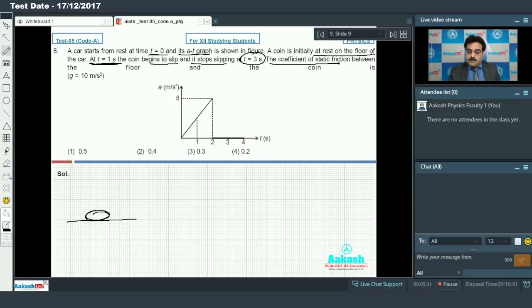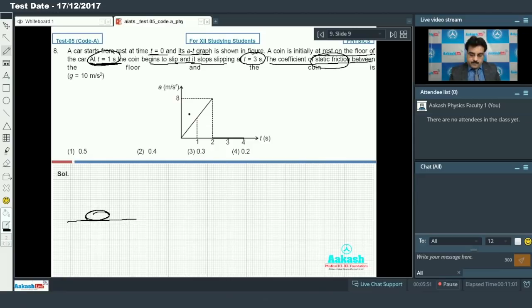The coefficient of static friction between. So I would like to explain something. When coin will start to slip, then the type of friction is kinetic friction, but we need static friction. So we will concentrate on this time t equals 1 second.